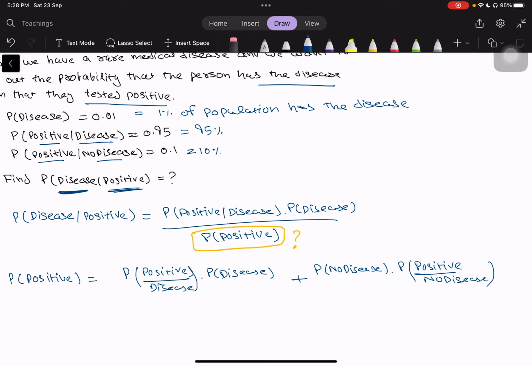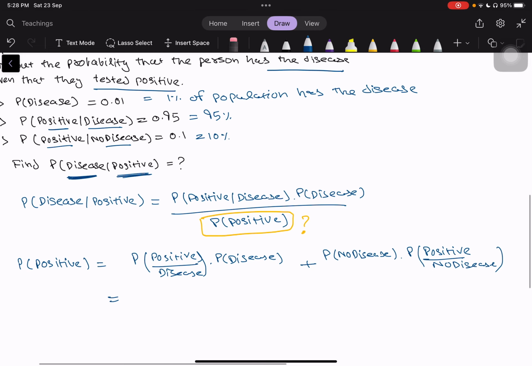So now, if we put in the values over here, what is the probability of getting tested positive given that you have the disease? It's 0.95, which gets multiplied by probability of disease, which is 0.01.